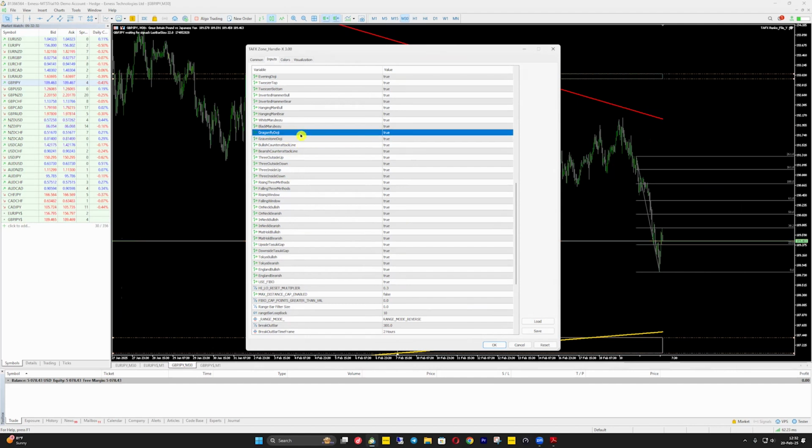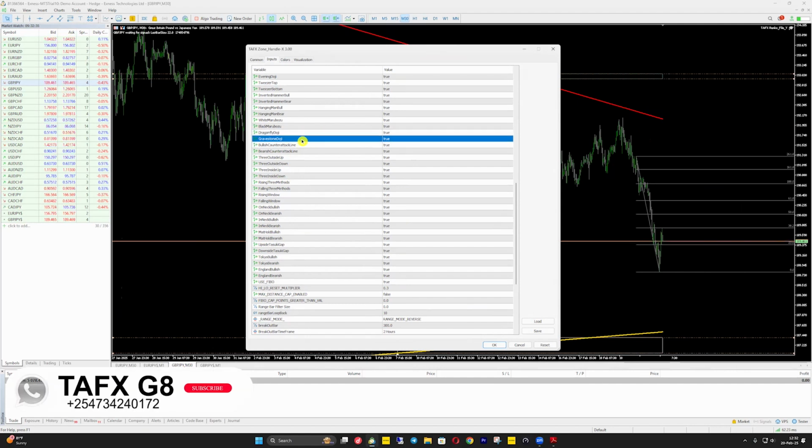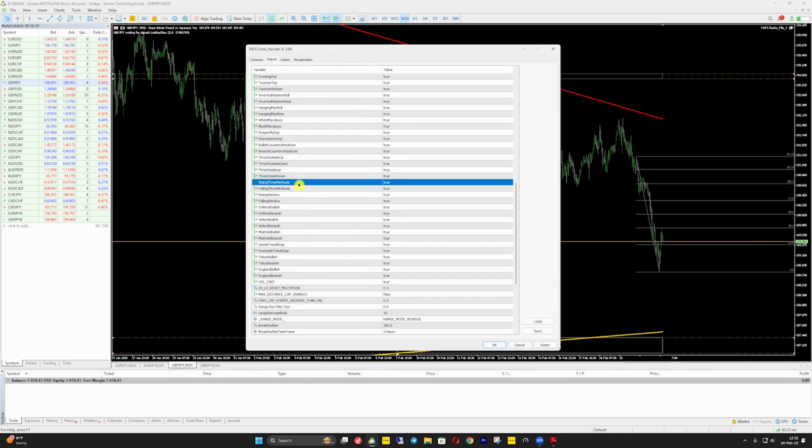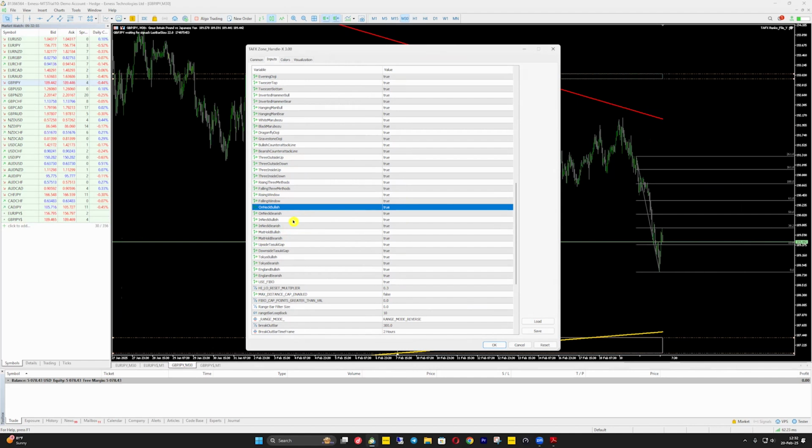So we have Dragonfly Doji, Gravestone, counterattack, three outside, three inside, rising three, and neck patterns, bullish on-neck. You know, some people have never even seen some of these candlesticks, and now, wow, what kind of candlesticks are those?